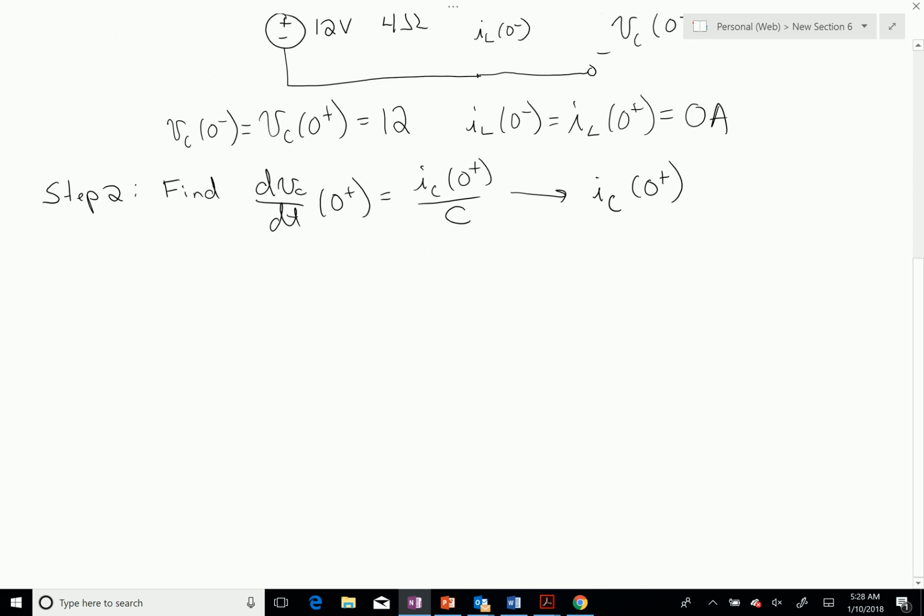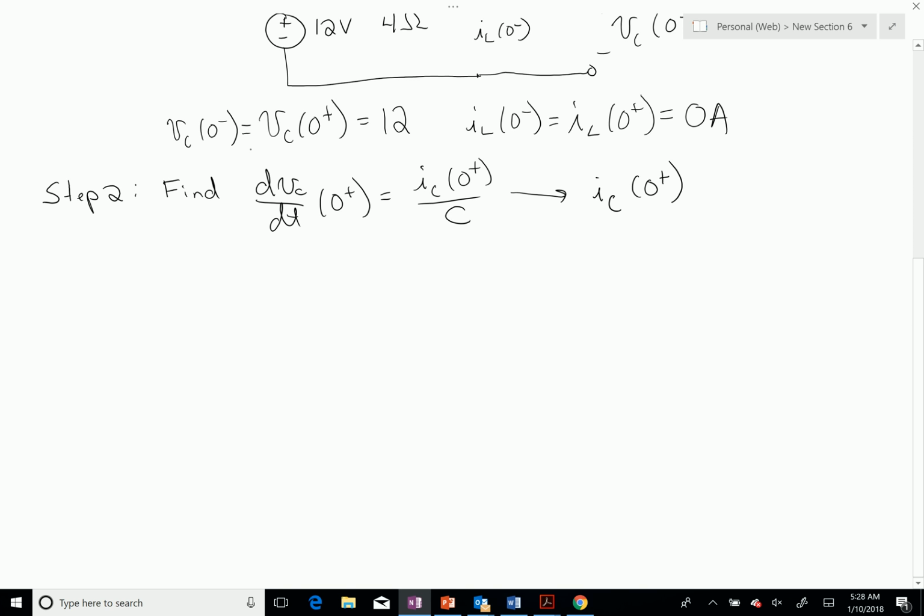Now, as we described, to be able to figure this out, the critical thing to remember is that the voltage on the capacitor always has to be continuous and the current in the inductor always has to be continuous.